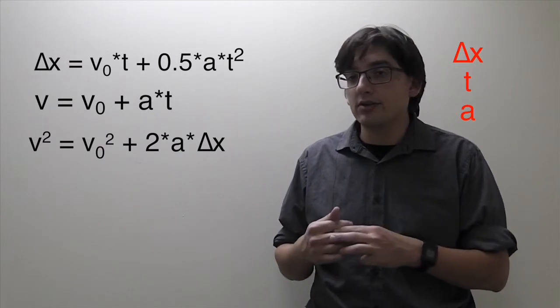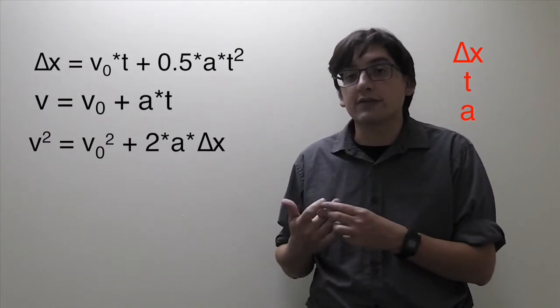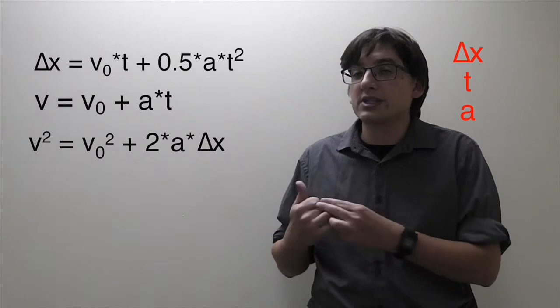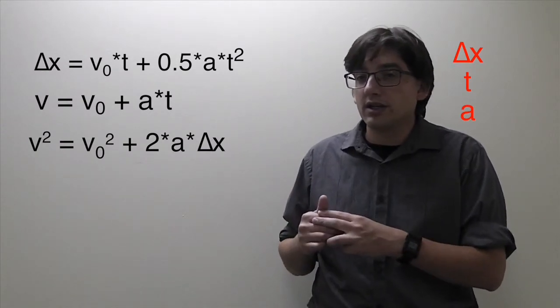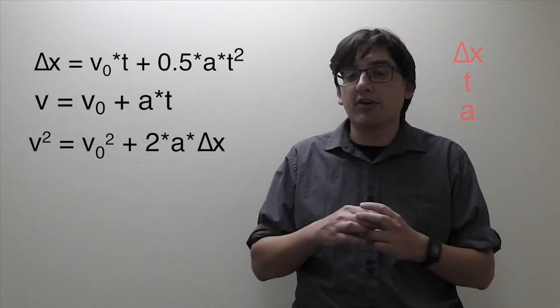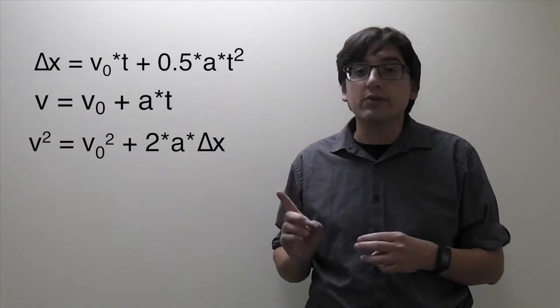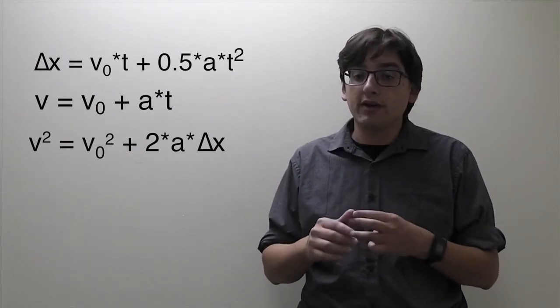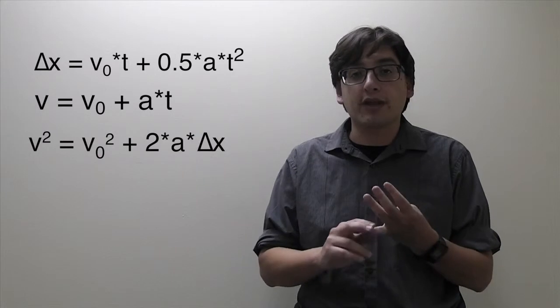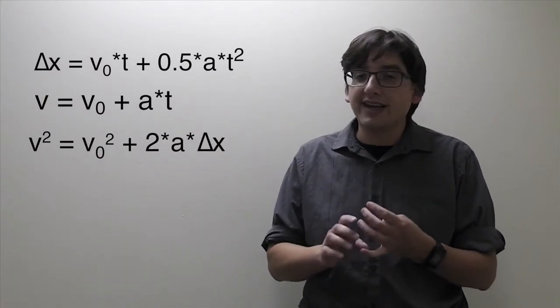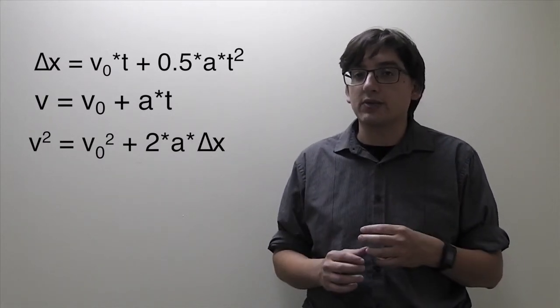I can't use the third equation because there's no place for time. And I can't use the second equation because the variables don't line up. So choosing which equation hinges on what are the 3 things I have and what's the 4th thing I'm looking for. That's the key to understanding how to use the kinematics equations.